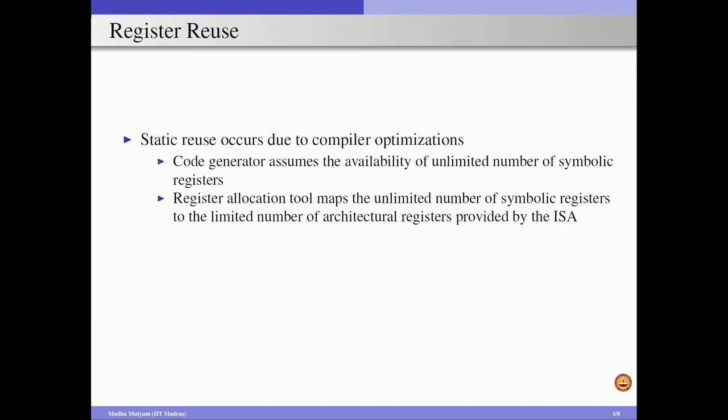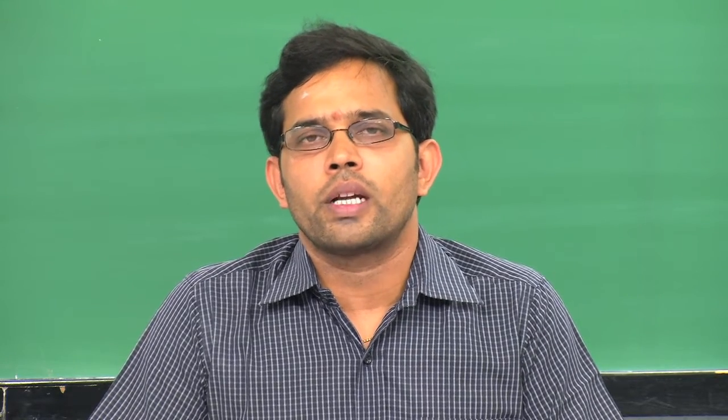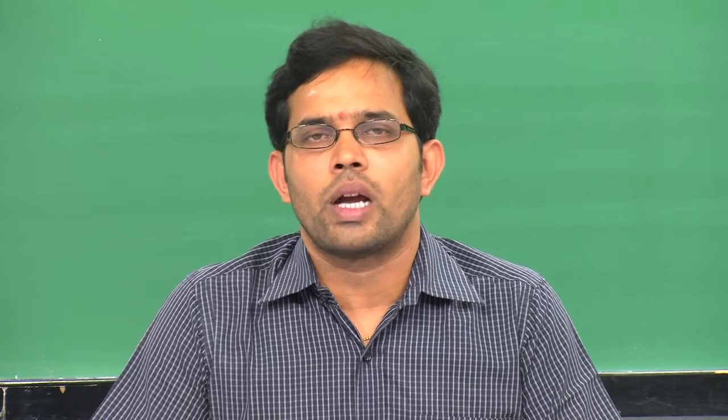So, in other words, the register allocation tool maps the unlimited number of symbolic registers to the limited number of architectural registers provided by the ISA, because each ISA has a specific number of architectural registers to use. So, finally, when we compile the code for a specific architecture, our code will use only the available registers specified by that instruction set architecture.